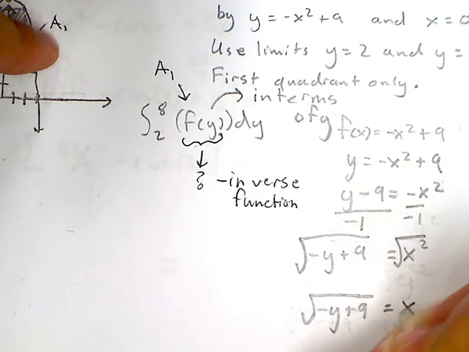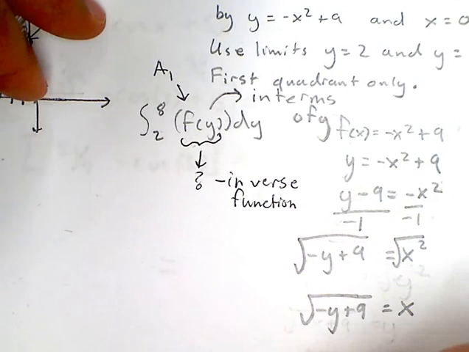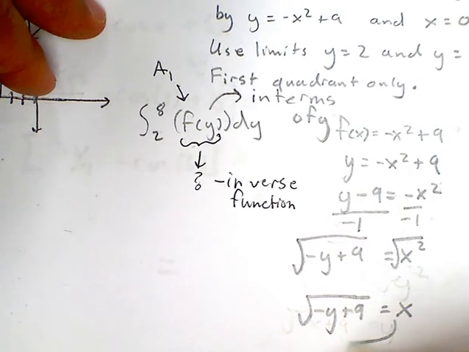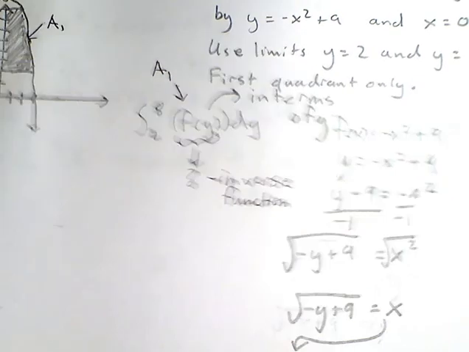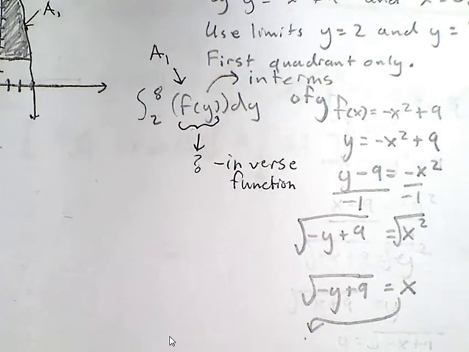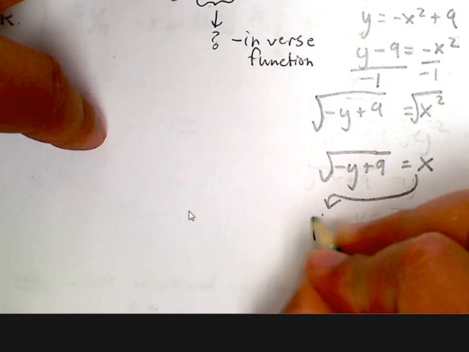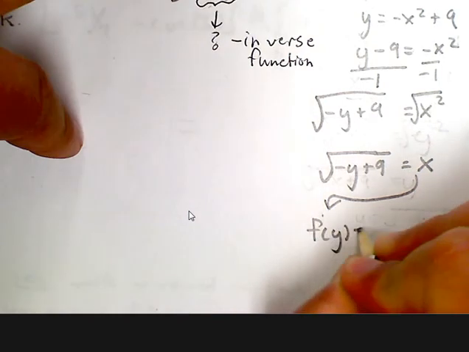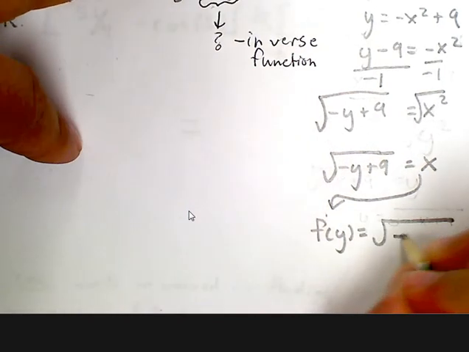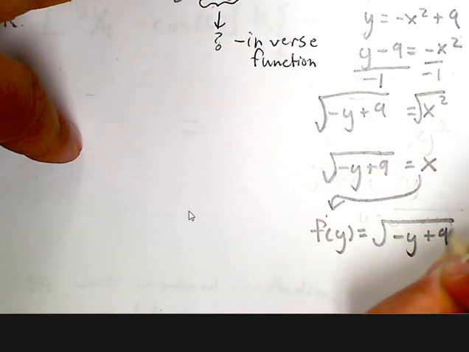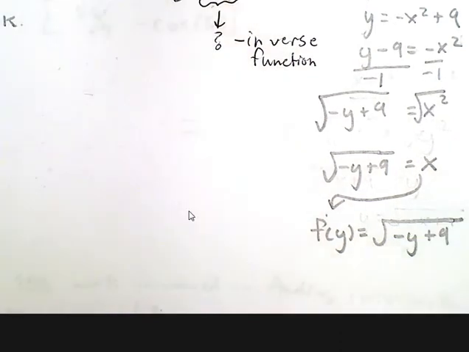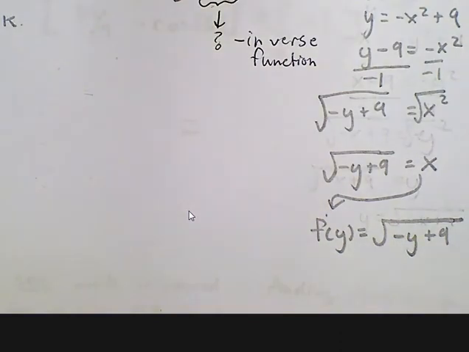Alright, and that's it. Let me scroll on up. X is the same thing as f of y, which in terms of y equals the square root of negative y plus 9.